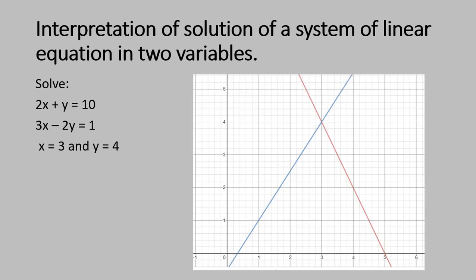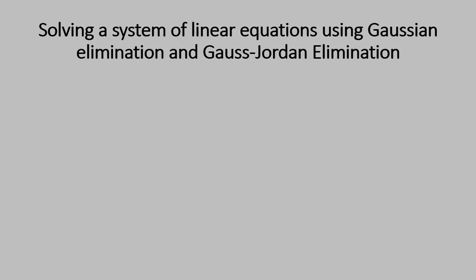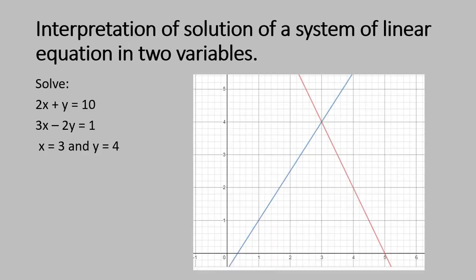Now, if you note, both lines intersect at the point (3, 4). So where the x is 3 and the y is 4. So the solution for the system of linear equations just represents graphically where the lines meet.